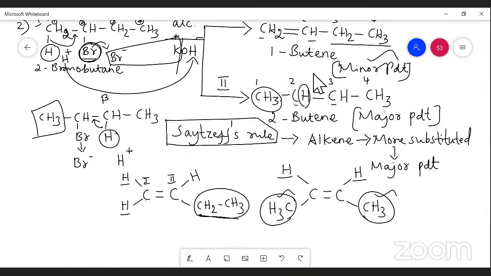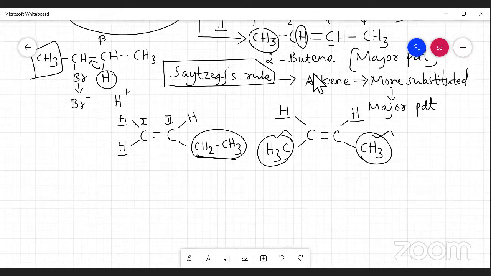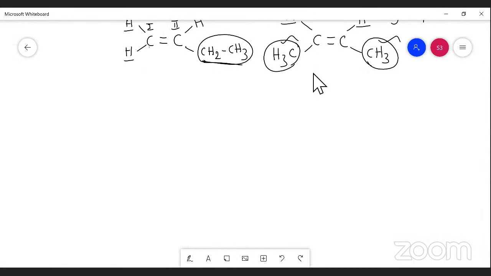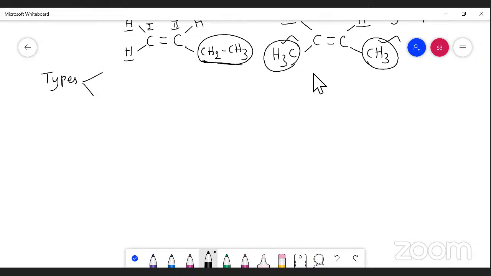Okay. So now next step, we are going to see the types of elimination. Here also we are going to see the types of elimination. There are 2 types of elimination reaction.